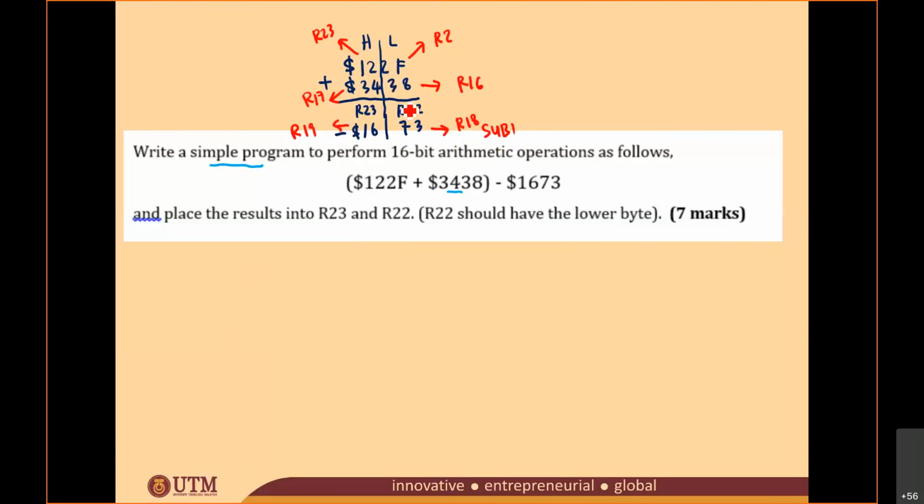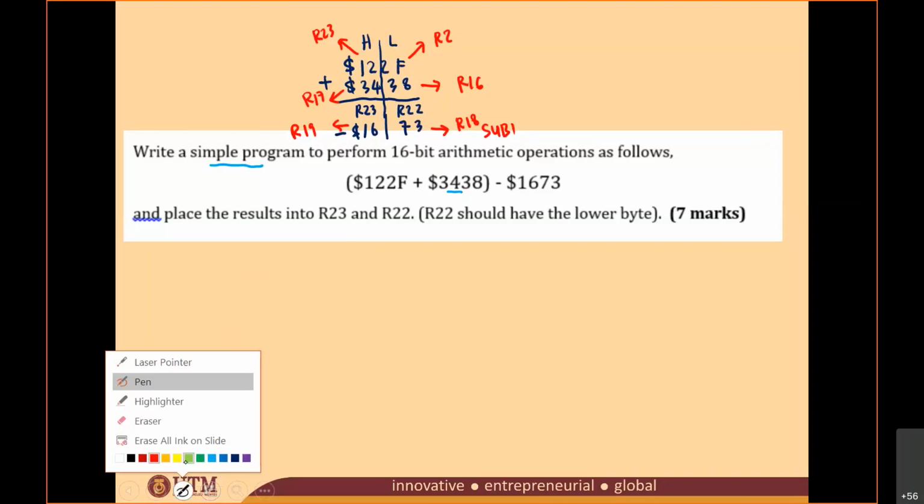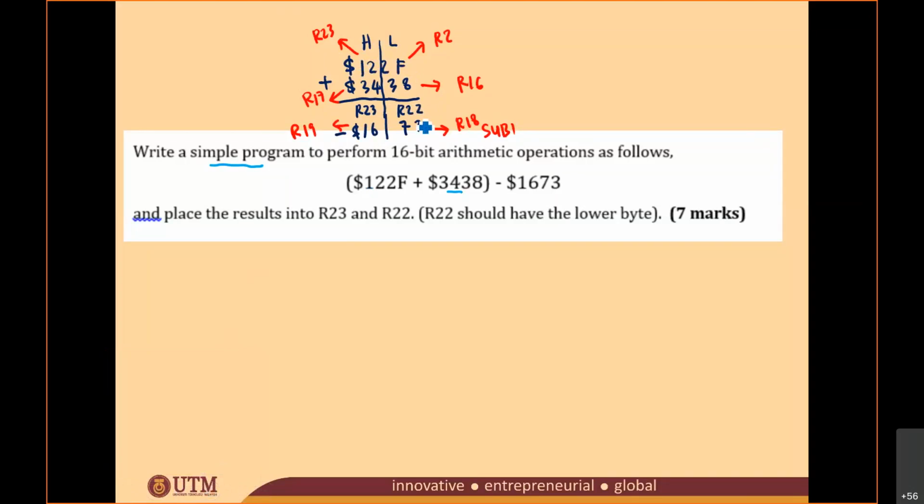Next, first I need to find out the instruction that I'm going to use for each of these operations. For this one, I use ADD, and this one is ADC. How about this one? I can use SUB or SUBI.